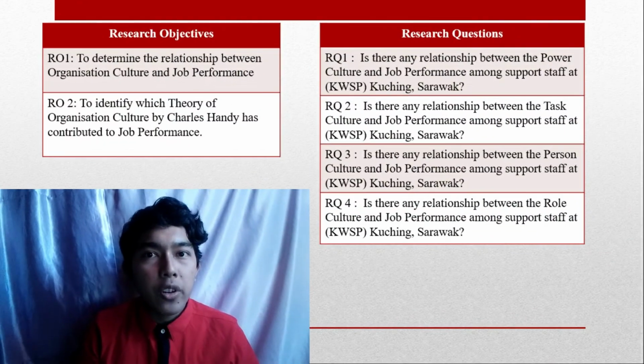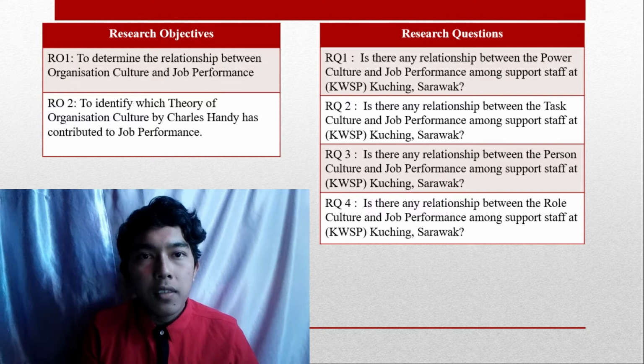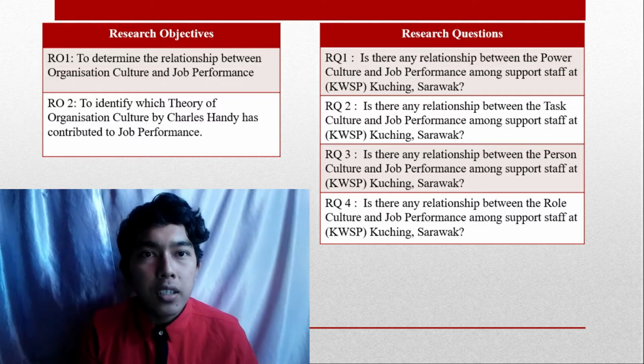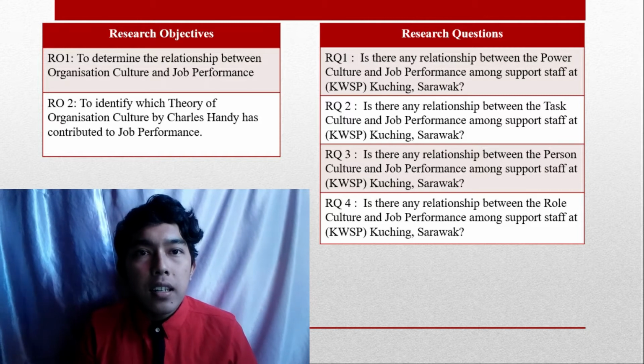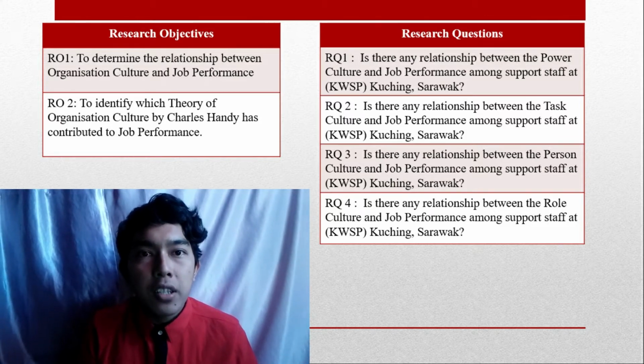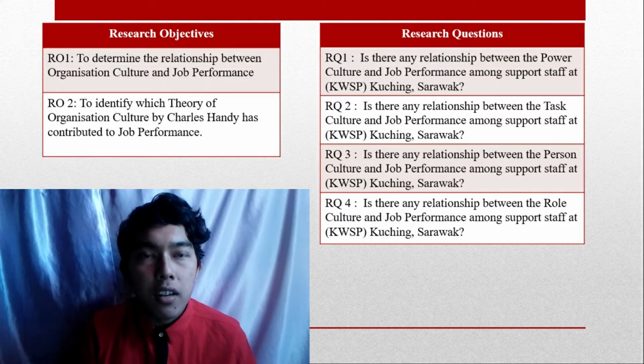Next slide, I'm going to present the research objectives and research questions. For the research objective, since I'm doing the study in KWSP Kuching, it is to determine the relationship between the organization cultures and the job performance.